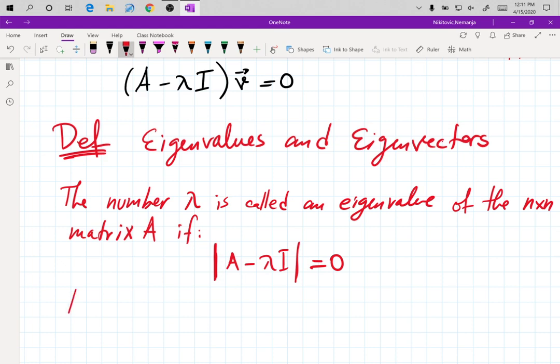An eigenvector. So we have the two keywords, eigenvalue, eigenvector.